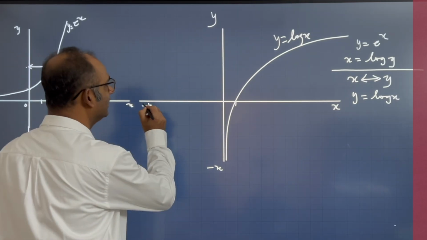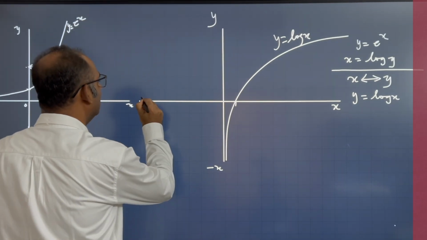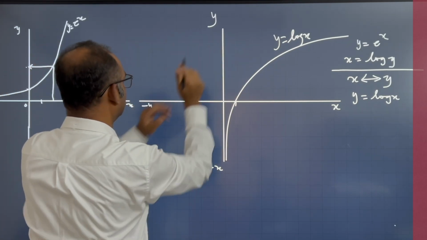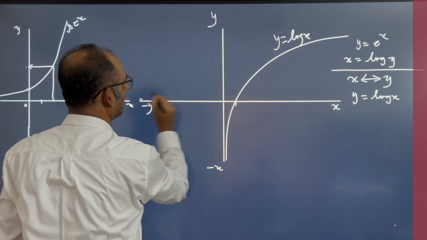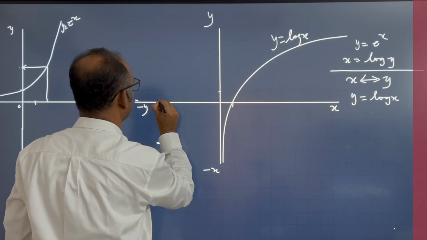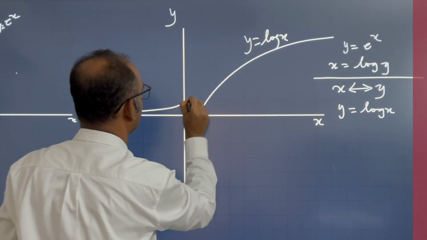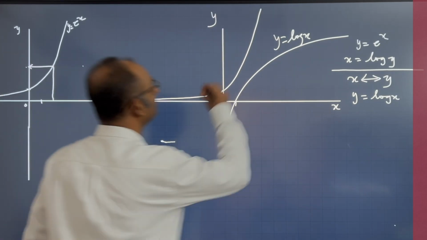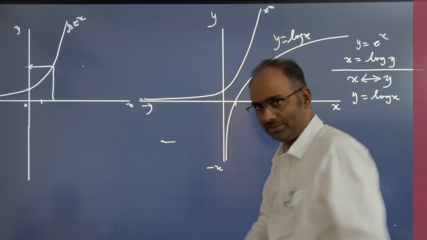E to the x is here. Now look here. I'm drawing e to the x also on this graph. I'm taking this one and putting it here. Okay, that is e to the x. If I had drawn it nicely, it would have been e to the x.